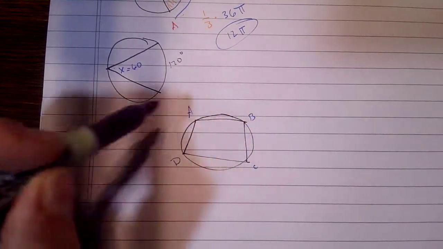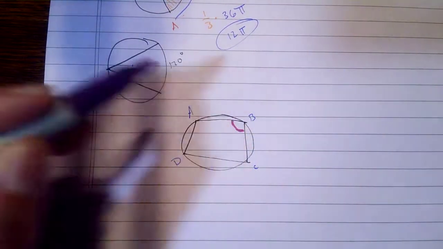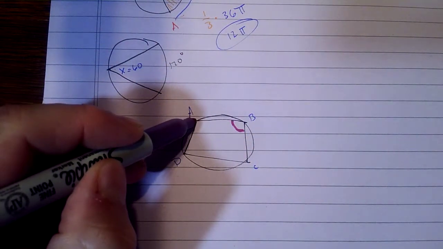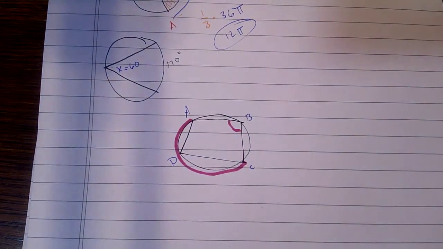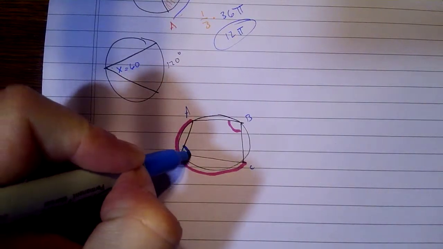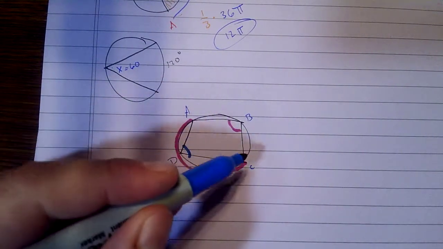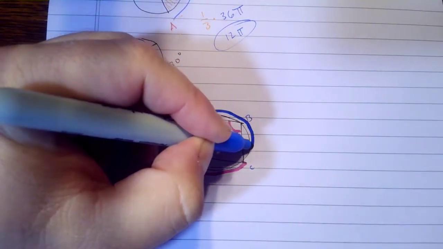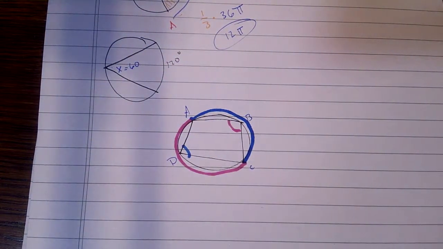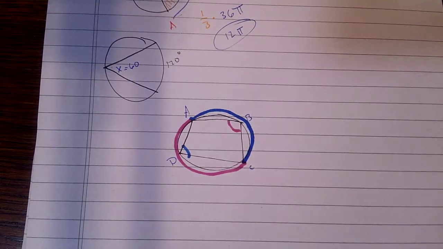Remember this arc right here makes this angle, or that angle makes this arc. It goes from A to C, right? Then I take another big fat Sharpie, and let's go with blue this time, and let's look at angle D. Well, angle D is from A to C also, but it's the other way. Look at that. That is the whole circle I just covered up.